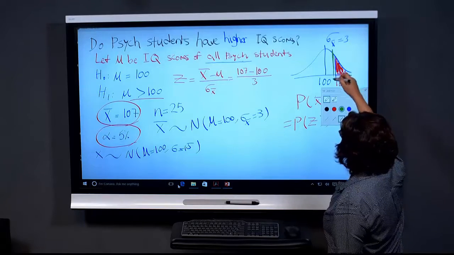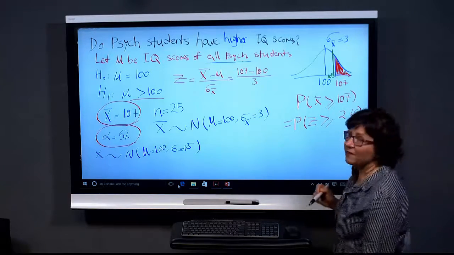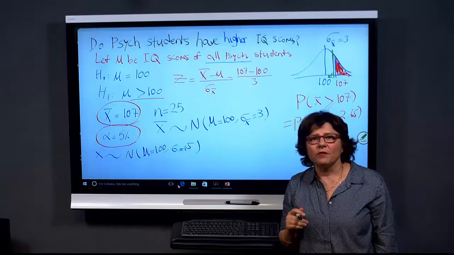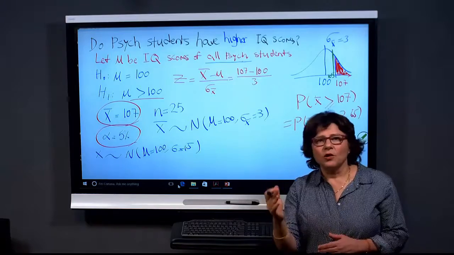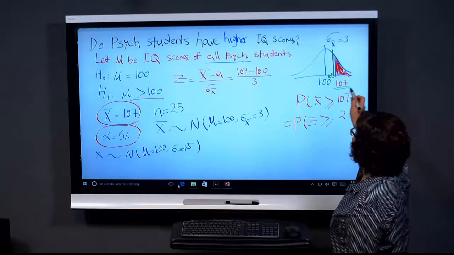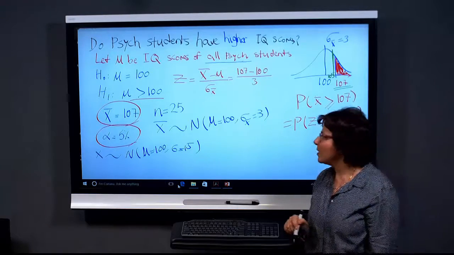The cutoff score was 105. And how did we get 105? We changed the Z score of 1.645 to a raw score of 105, and then because 107 was more extreme than 105, we rejected the null hypothesis.